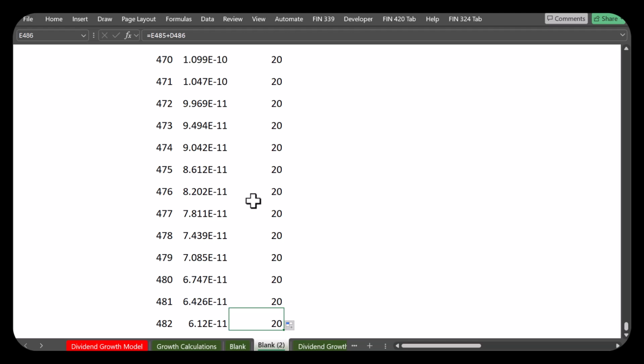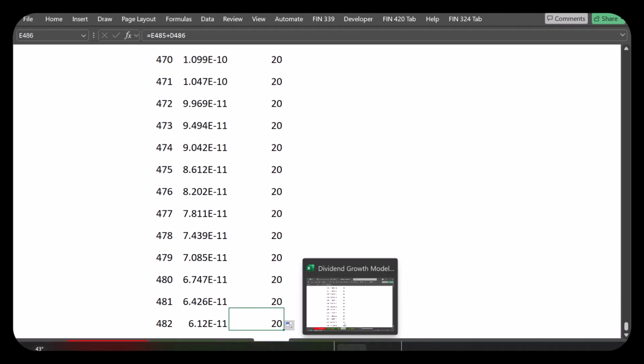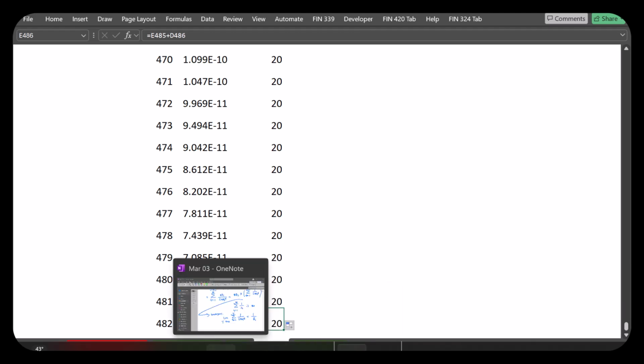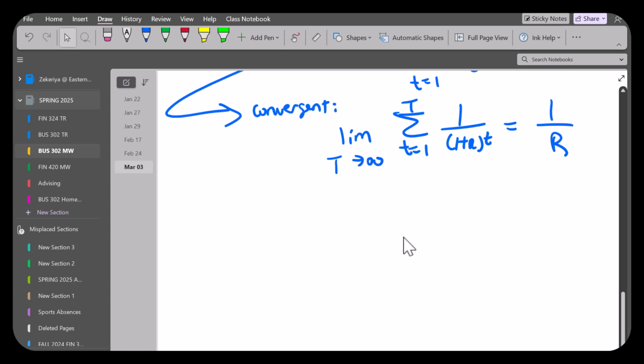Technically speaking, it will still be less than 20, but for all intents and purposes, it's 20. So knowing that from basic pre-calculus, not even calculus, we know that it converges there.